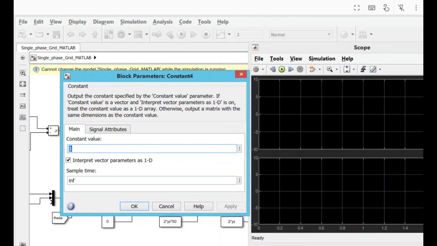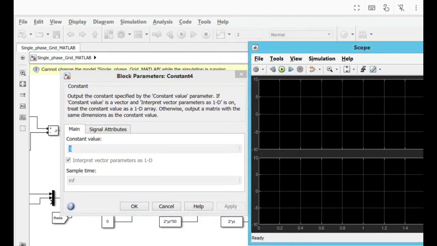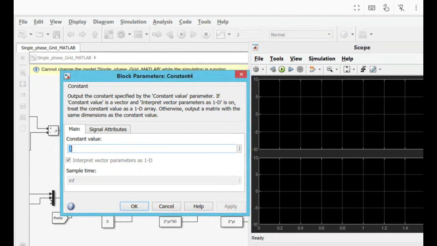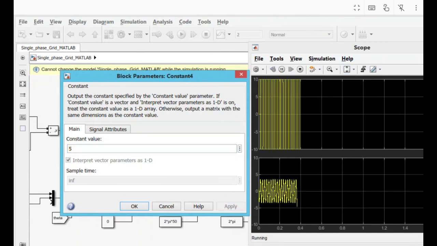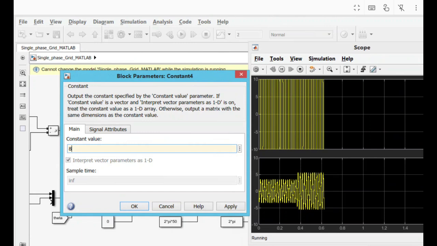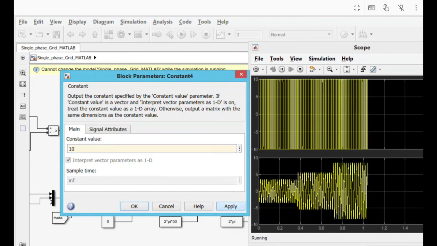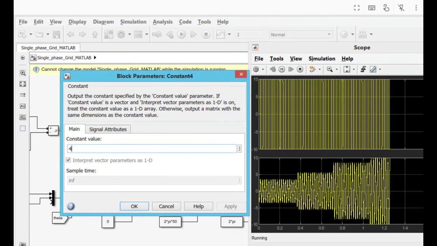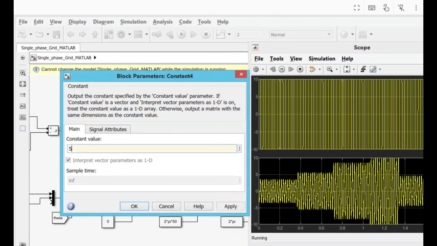Now we will run the simulation, and we have set 3 ampere as the reference current. Now we will change the reference current to 5, again 8, and 10, again 4, 5.